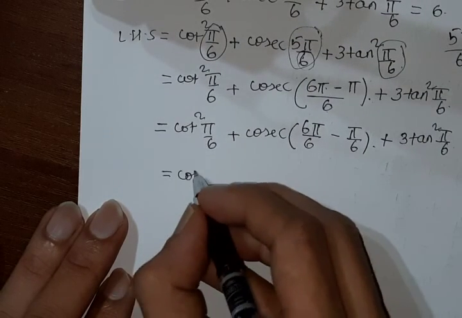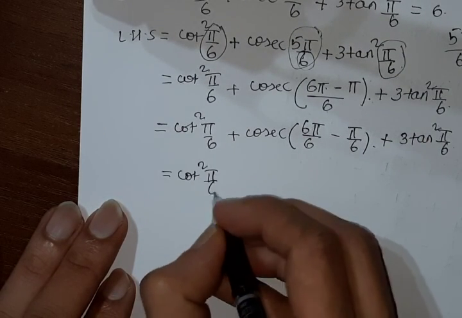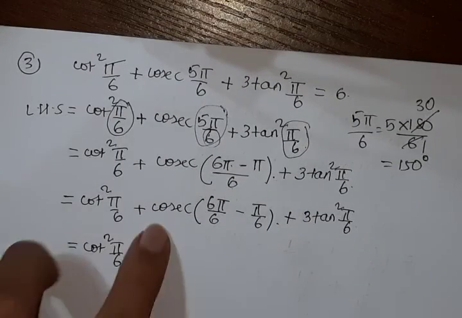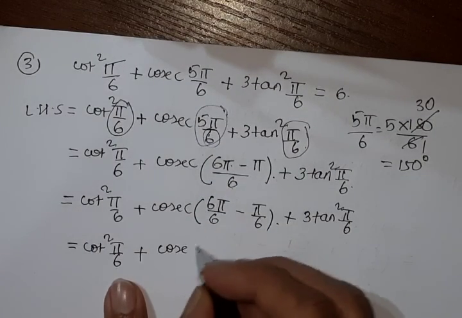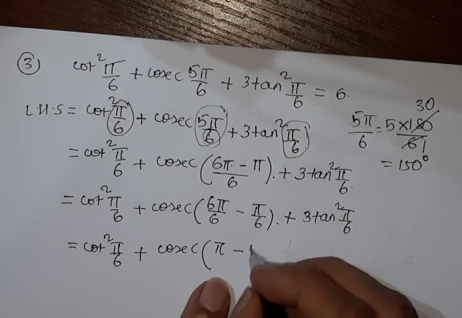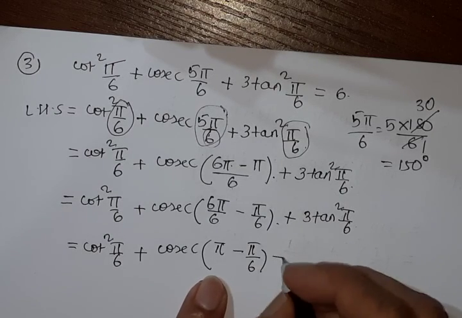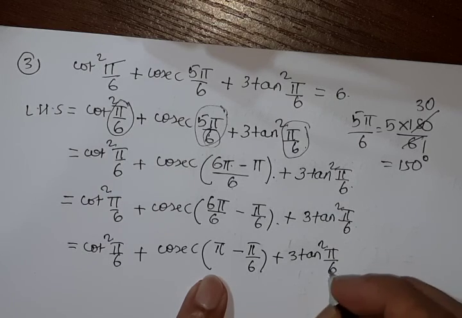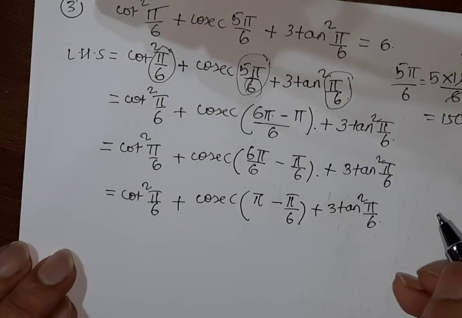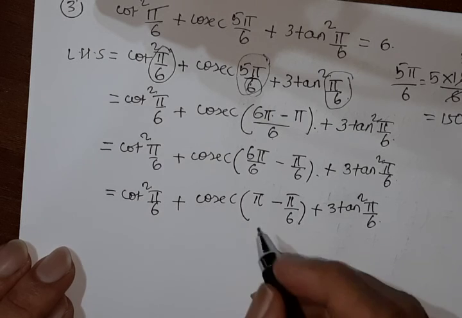Now what you will get is cot square pi by 6 plus cosec of pi minus pi by 6 plus 3 tan square pi by 6. So this is what you will get.